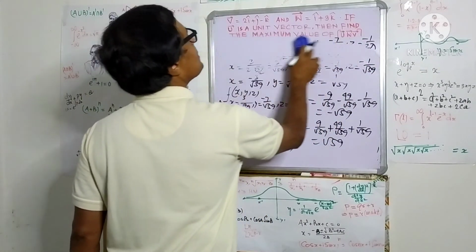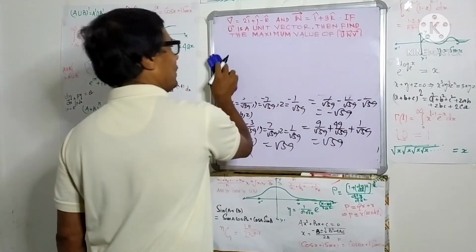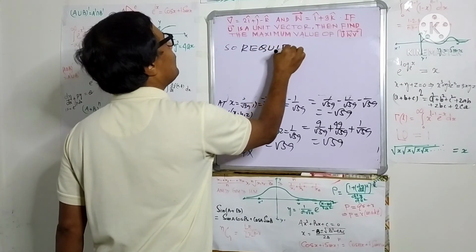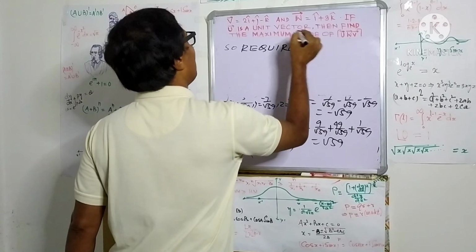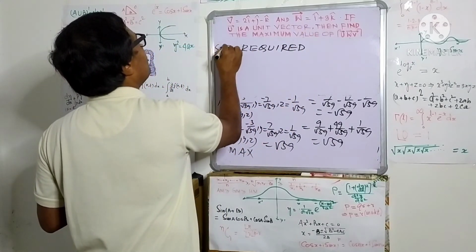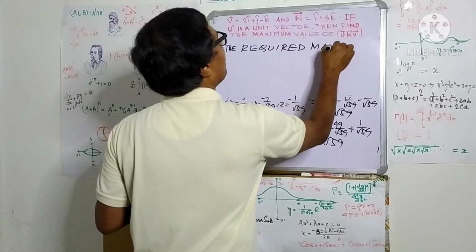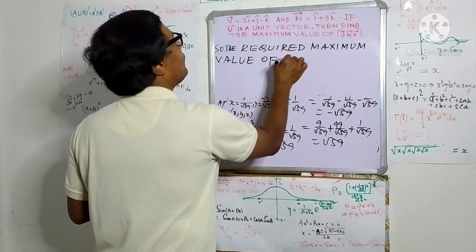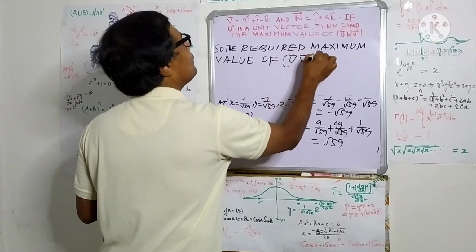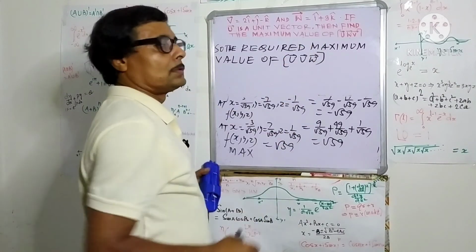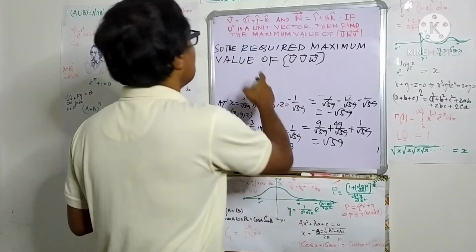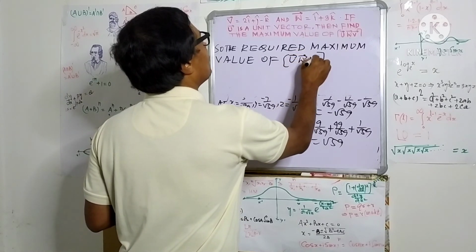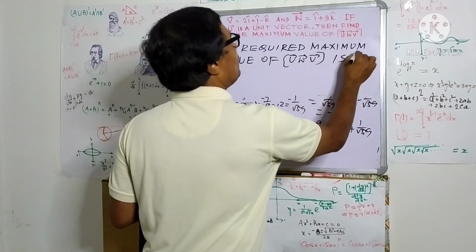So the required maximum value of UVW, these are three vectors, this is the box product of three vectors UVW which is to be maximized, the maximum value of this box product is root 59.